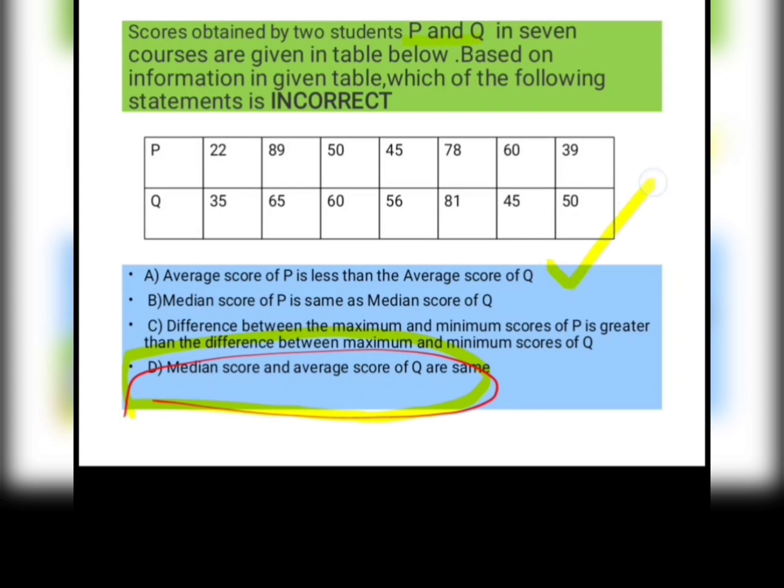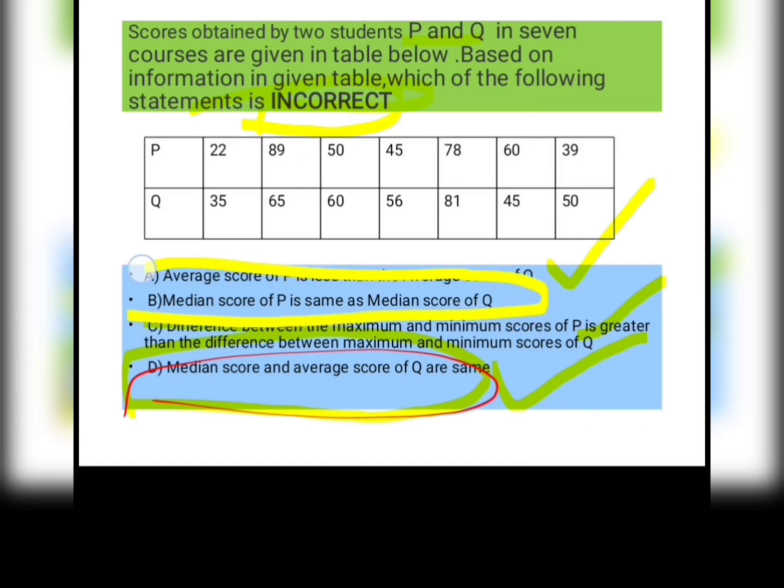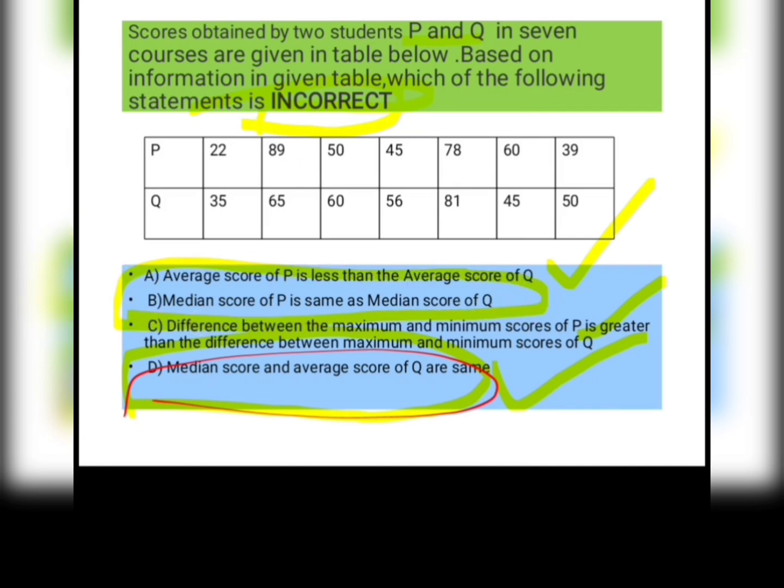All the statements A, C and D are right. The statement which is incorrect is that the median score of P is the same as the median score of Q. So option B will be your answer.